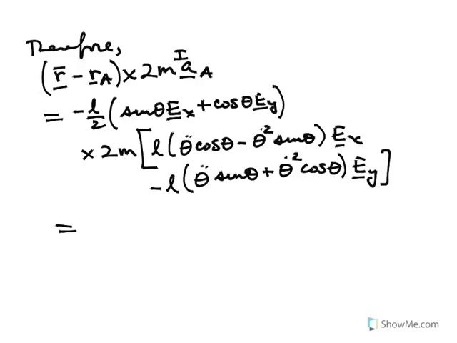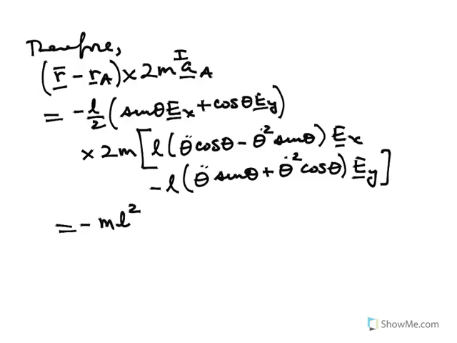Now what's that equal to? Well, let's see here. We've got L over 2, we've got a 2m, so there's an L squared and a 2m, so the 2 drops out. So we've got an mL squared. And let's see what happens when we actually do this. This is minus mL squared because of all the factors.